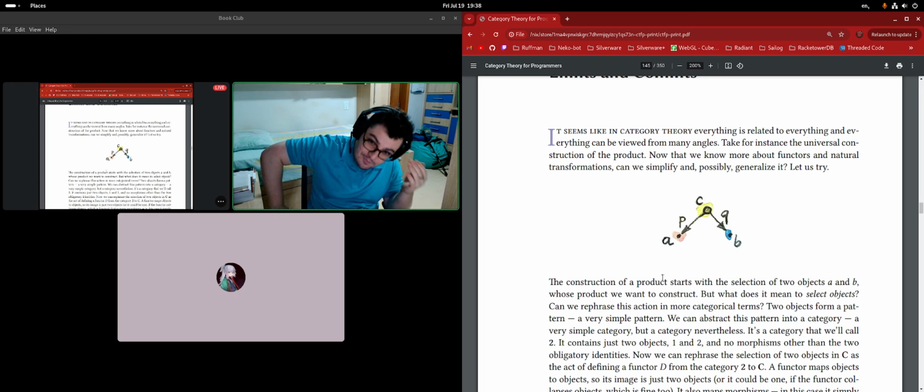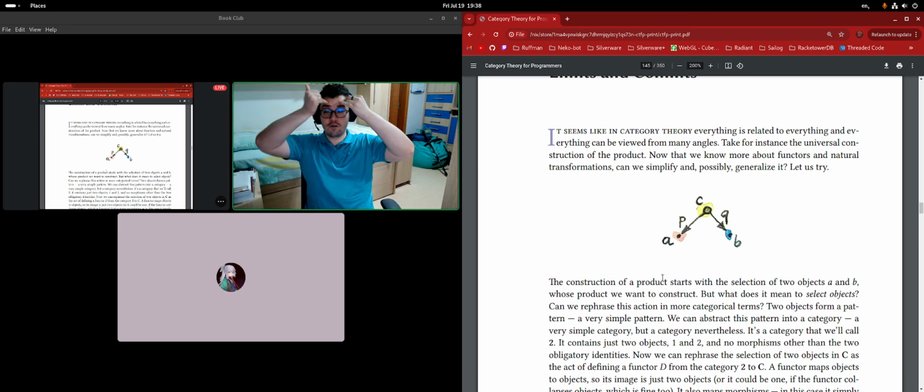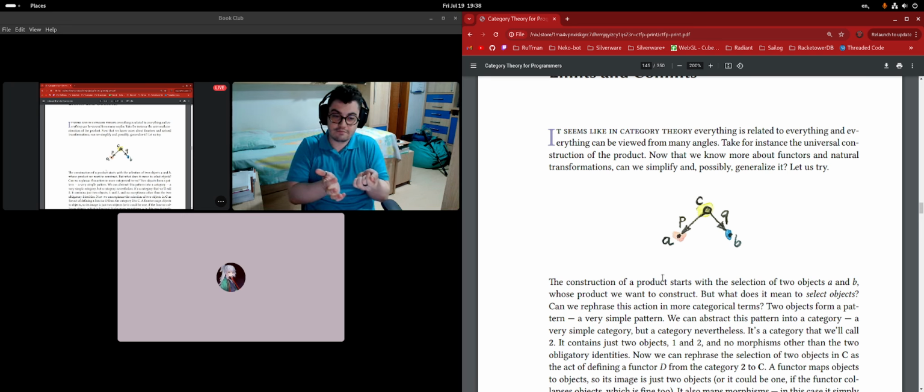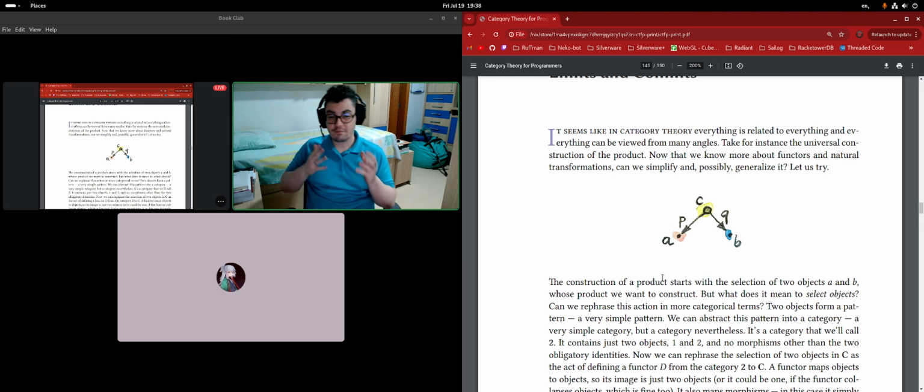But that's the problem, because I don't know about you, but I didn't develop very strong intuitions about the whole natural transformations thing. And when you do this, you are packing more stuff into it. Now the intuition of selection needs to be correlated with natural transformations after this chapter.